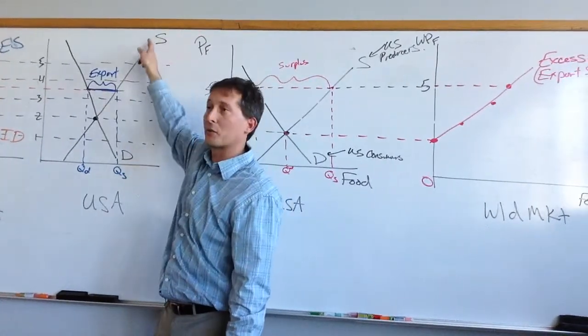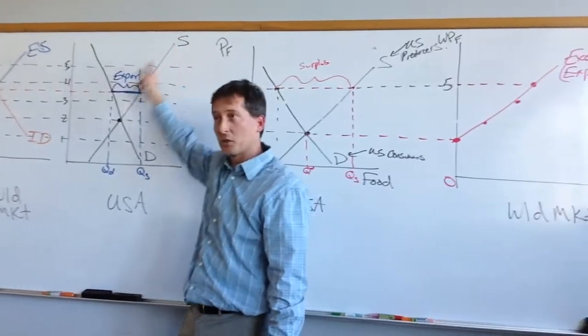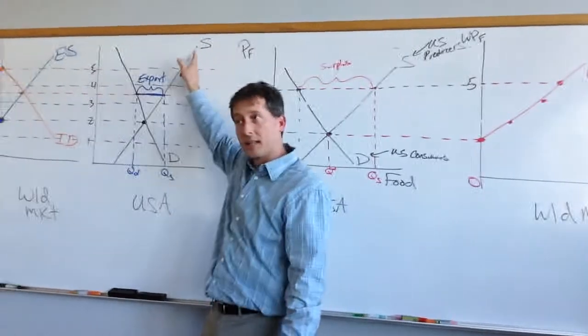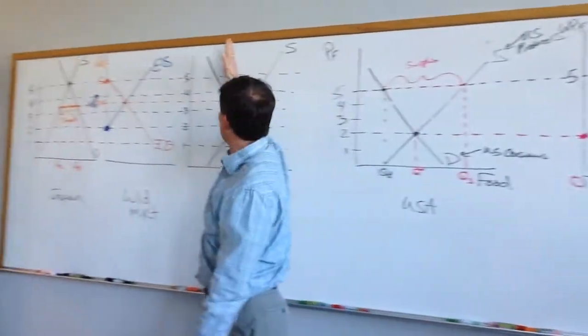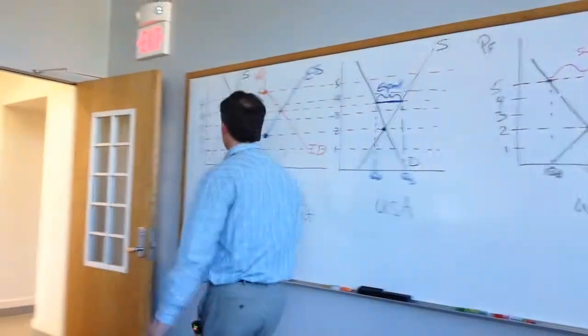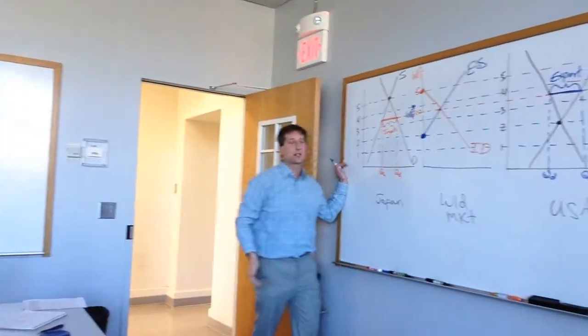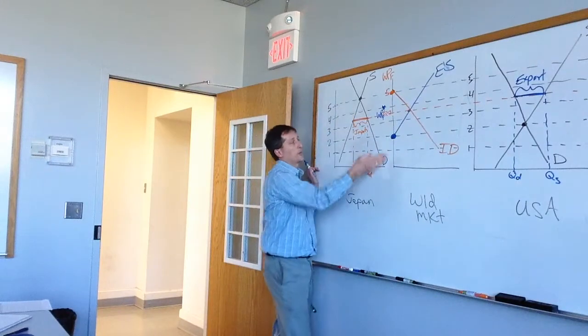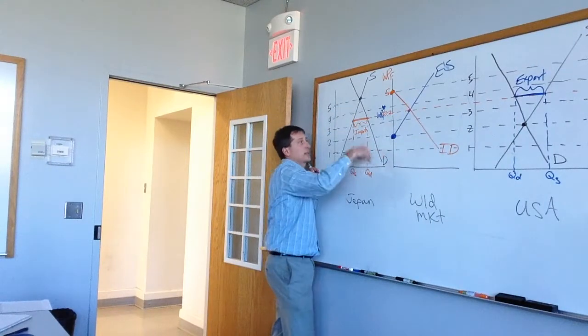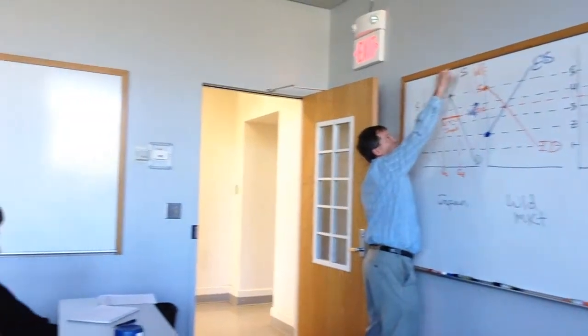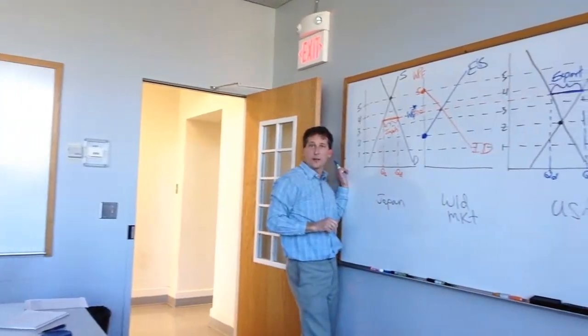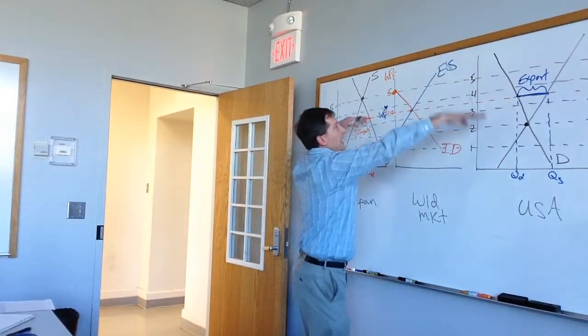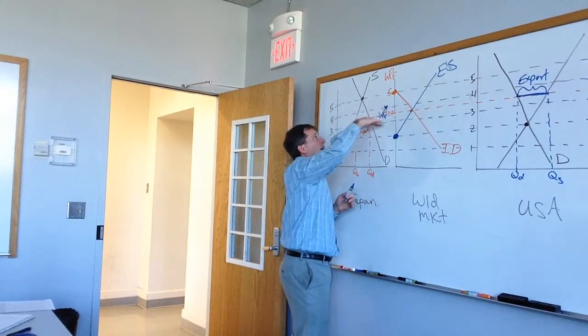This supply curve reflects the resources used in the production of food in the United States. So whether it's steep or whether it's flat, the shapes of those curves are reflecting Japanese consumers, Japanese resources. And the great equalizer is trade.